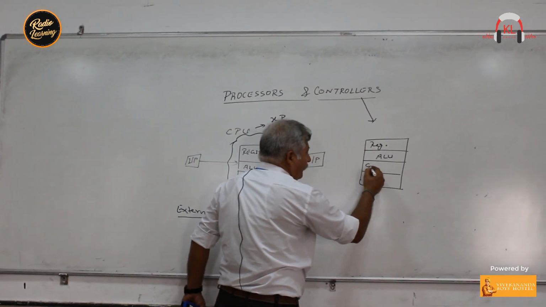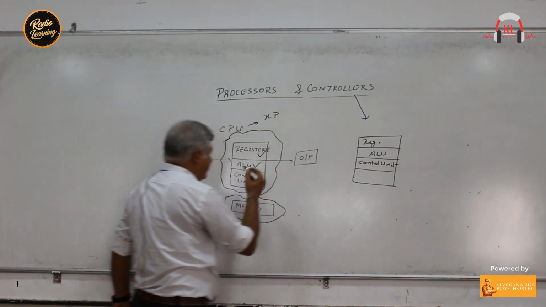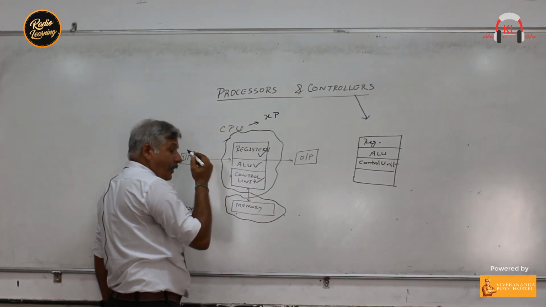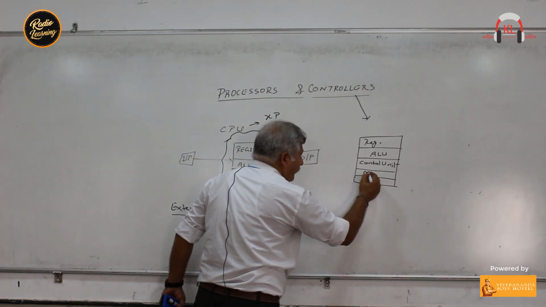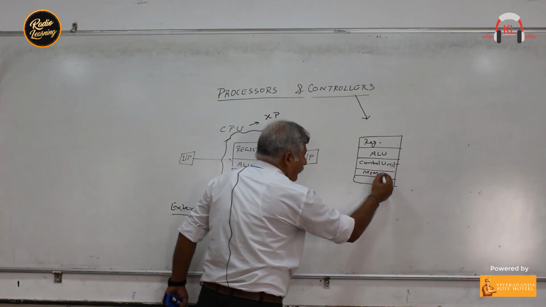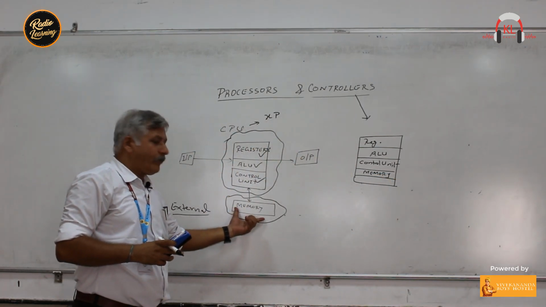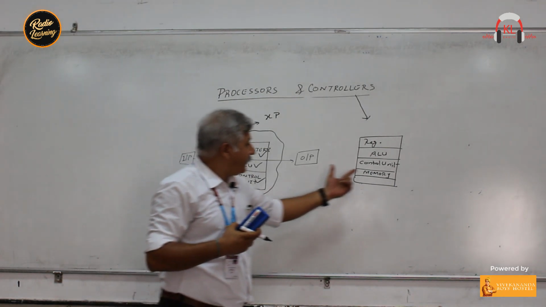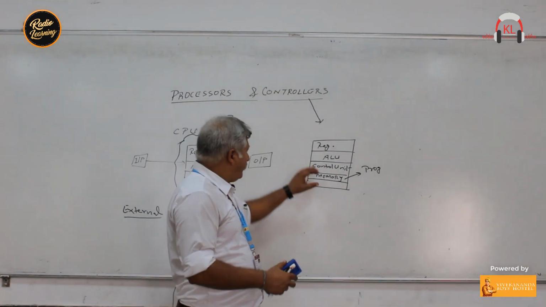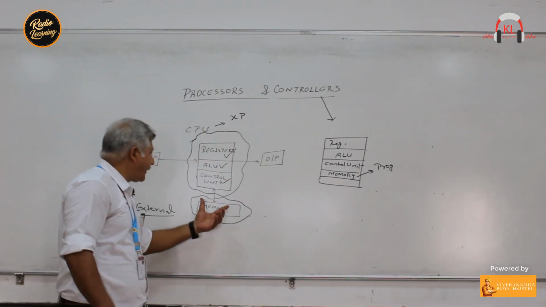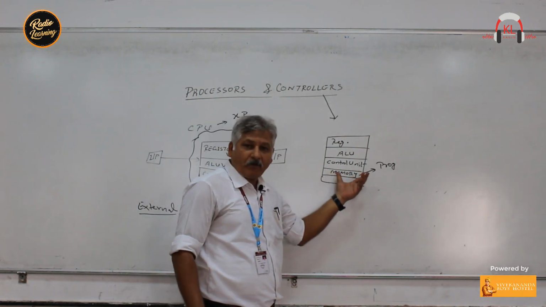We have a control unit just like this processor, and apart from this we have memory here. So memory, which was external for the microprocessor, is now a part of the controller, right? Memory, which is external to the microprocessor, is now an internal part of this microcontroller.